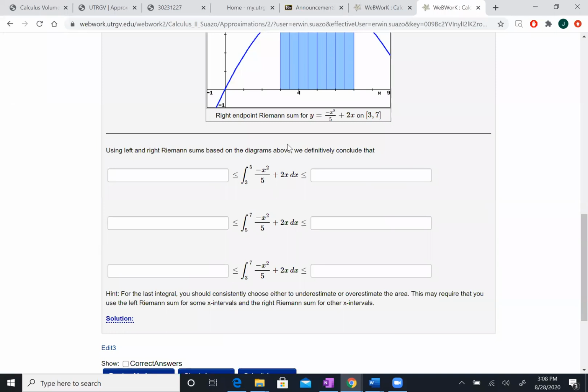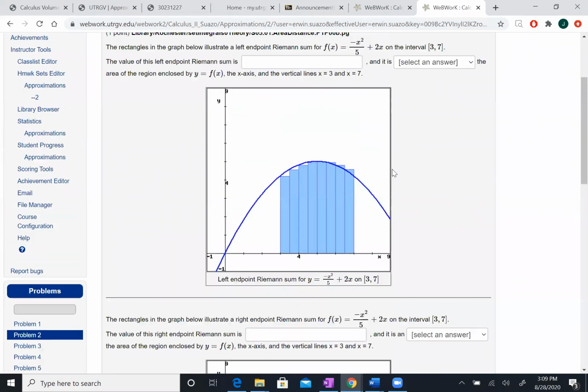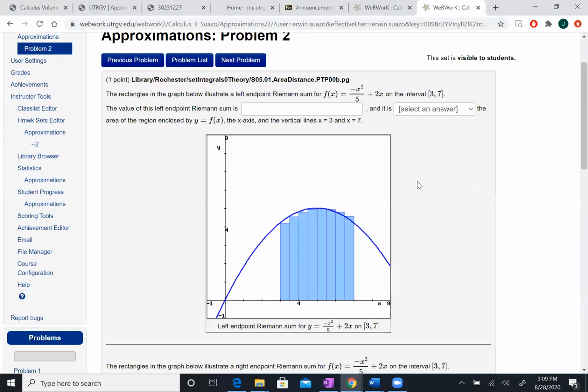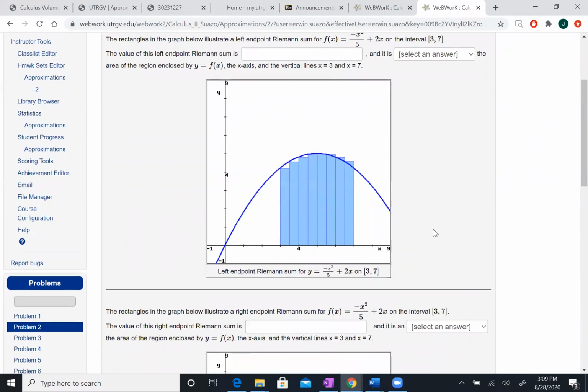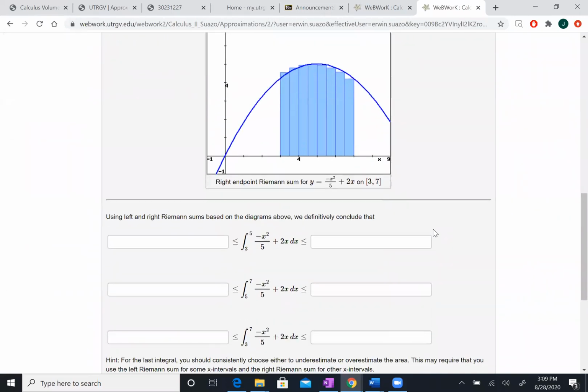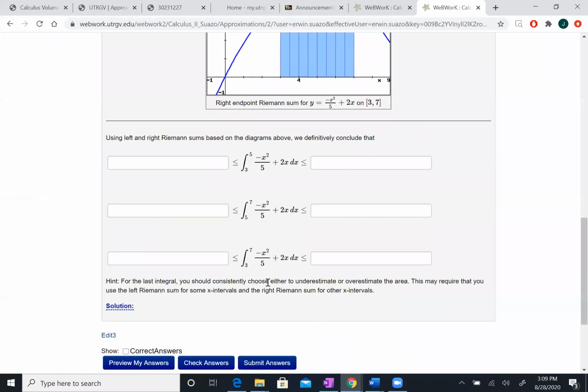Here, use the left and right sums based on the diagrams above to conclude that. So you have to find the left-hand sum and the right-hand sum. Let me show you the solution.